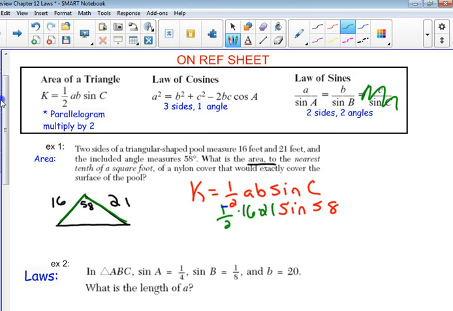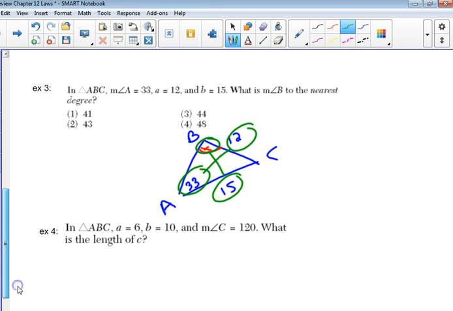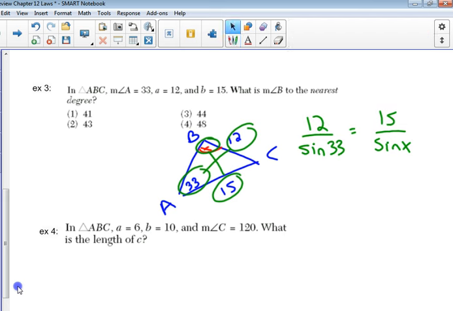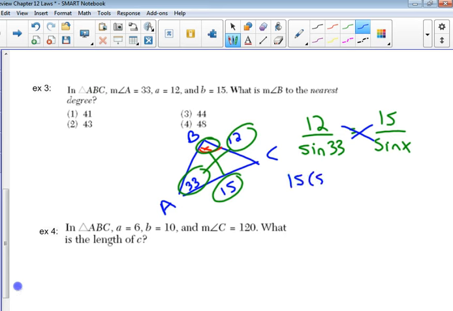So when we set it up, 12 over the sine of 33 equals 15 over the sine of X. Then do your cross multiplying. 15 sine 33 equals 12 sine X. Okay, divided by 12.